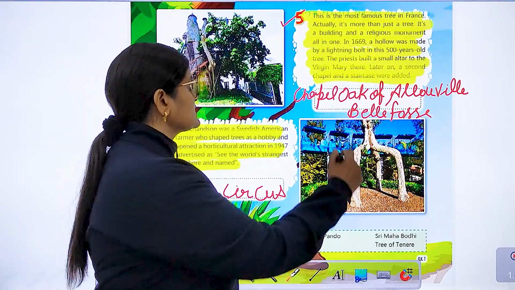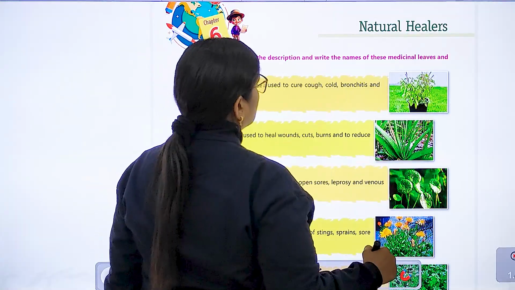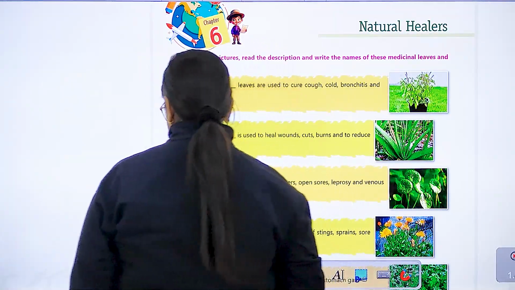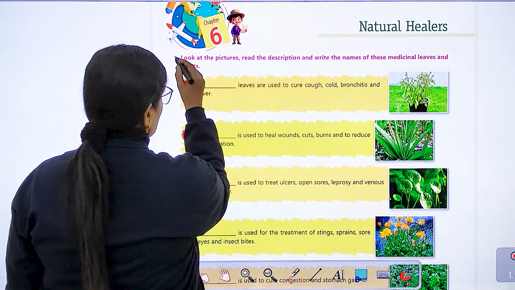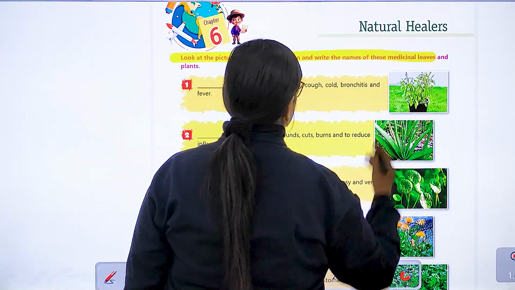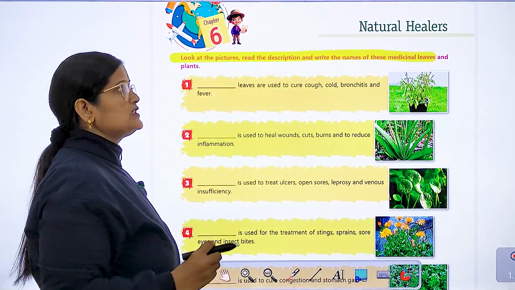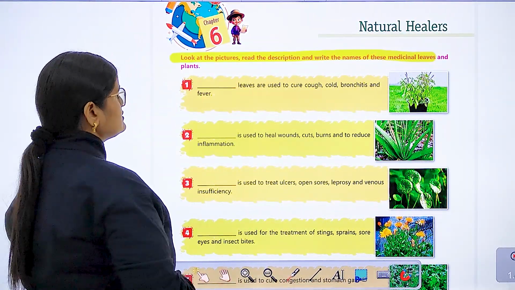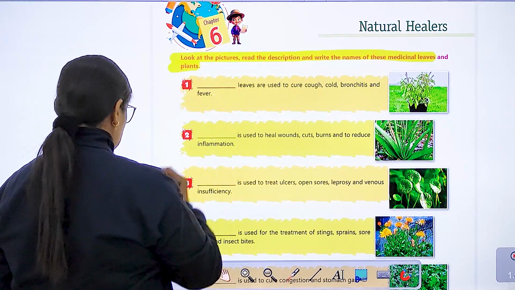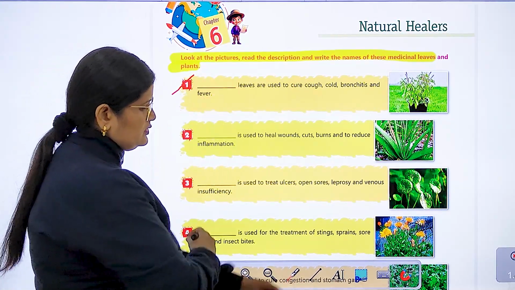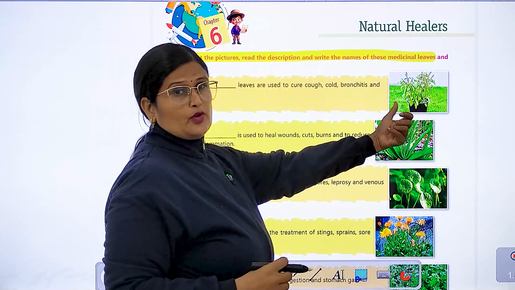Chapter number 6. Natural healers. Look at the pictures, read the descriptions and write the names of these medicinal leaves and plants. Number 1. It is Tulsi. Okay.